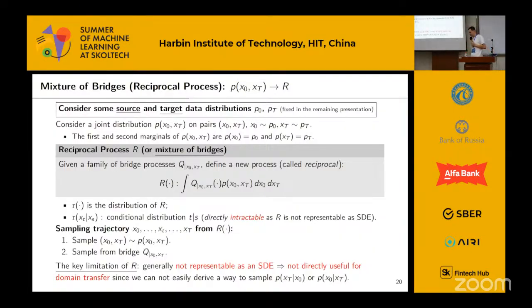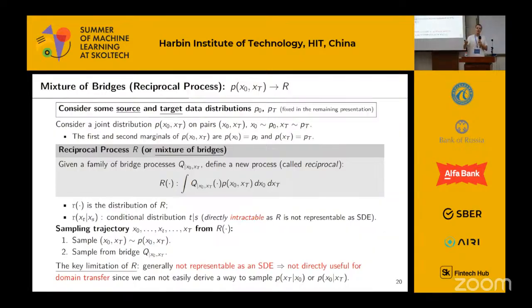Well, why is this process important? This process, in fact, is the process which later will allow us to construct a diffusion process which is capable of performing domain translation, data transfer from one distribution to the other. But in the current form, this process, denoted by R, is kind of useless because it's not useful for generative modeling at all.